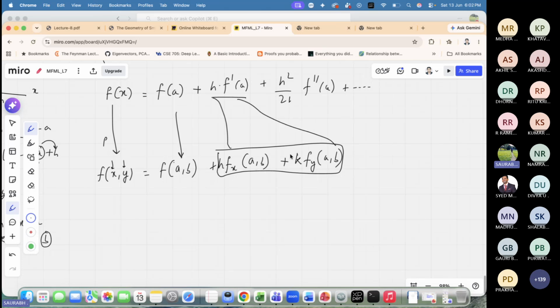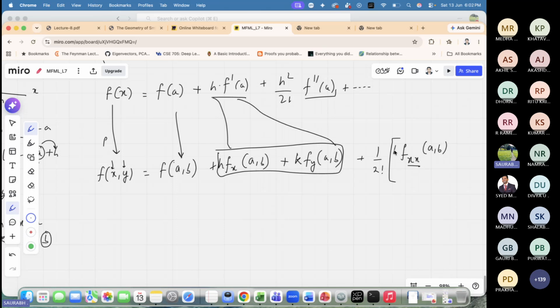Then you will have 1 by 2 factorial, and then you can write the double derivatives. Basically f double dash would be f_xx, the double derivative with respect to x, at (a, b).